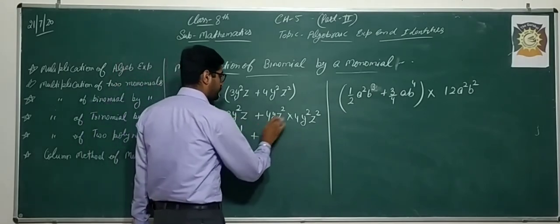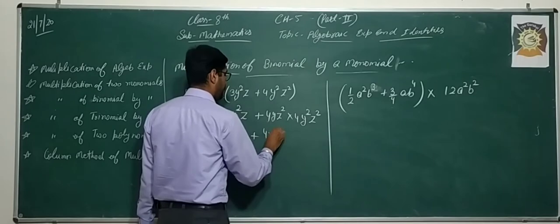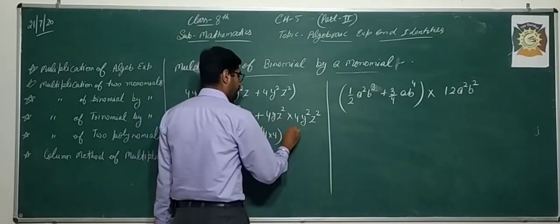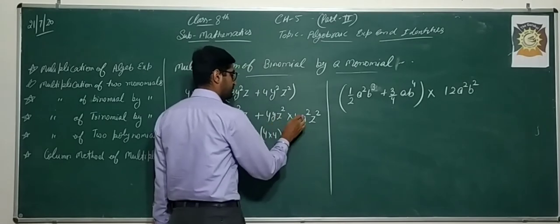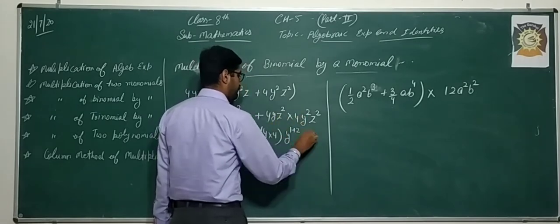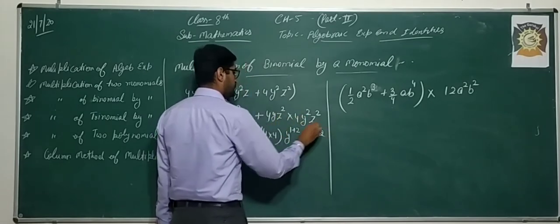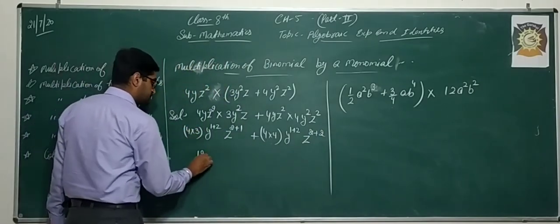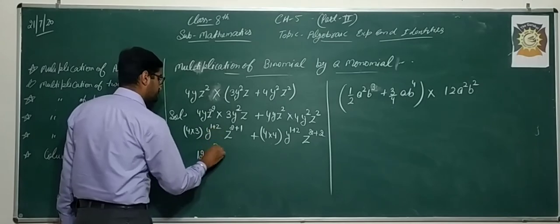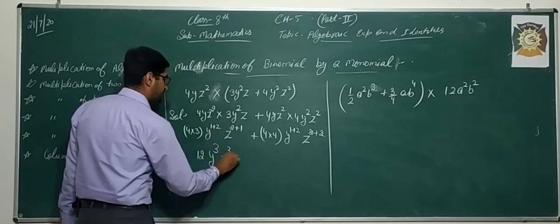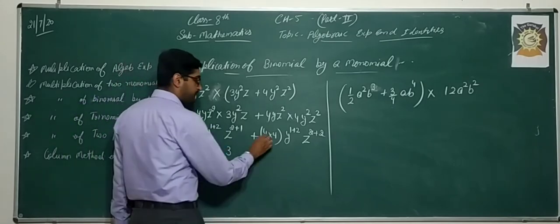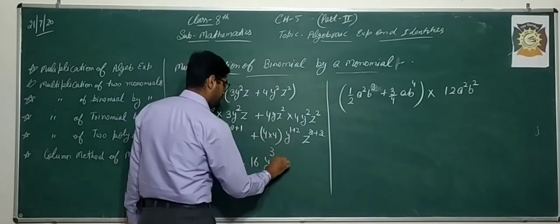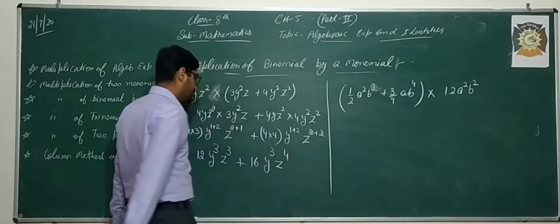After that, 4 into 4, y power 1 plus 2 and z power 2 plus 2. Now finally this will be 4 into 3, 12, y power 3 and z power 3, plus 4 into 4, 16, y power 3 and z power 4.